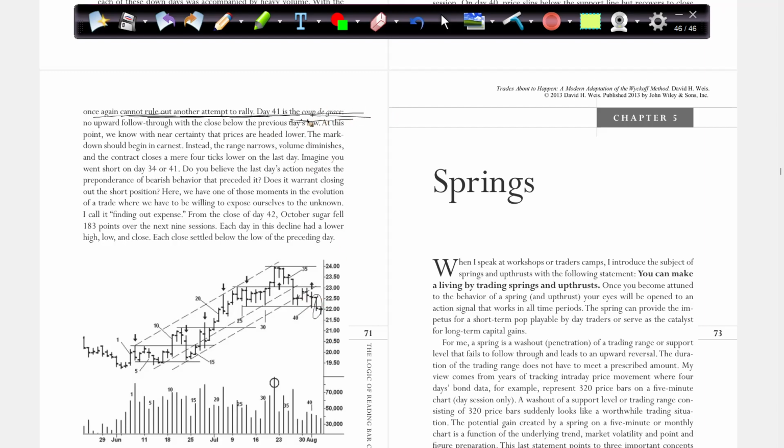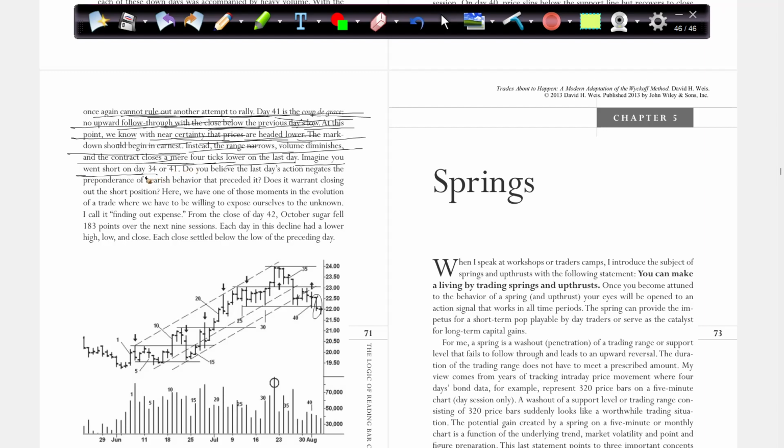Day 41 is the coup de grace, no upward follow through, with the close below the previous day's low. At this point, we know with near certainty the prices are headed lower. The markdown should begin in earnest. Instead, the range narrows, volume diminishes, and the contract closes a mere 4 ticks lower on the last day.